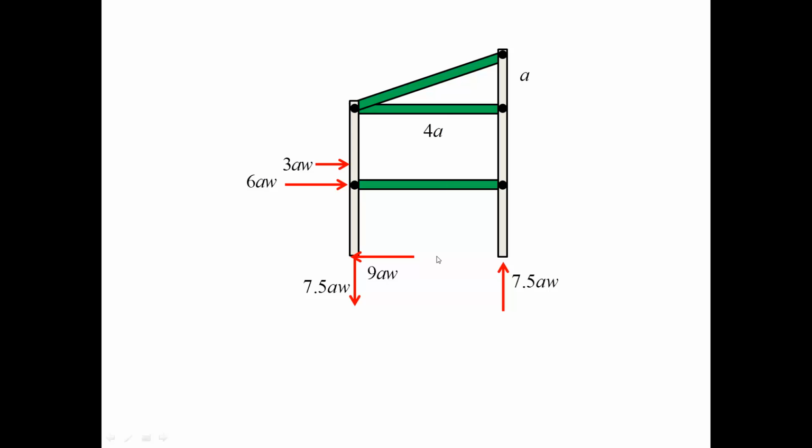And the reason I show them in green is to indicate that these bars are two force members, simply because none of them is loaded anywhere in the middle, and all of them are connected to the rest of the frame at the endpoints. This significantly simplifies my task. To proceed further, I will introduce the angle theta, and of course, tangent theta is equal to 1/4.